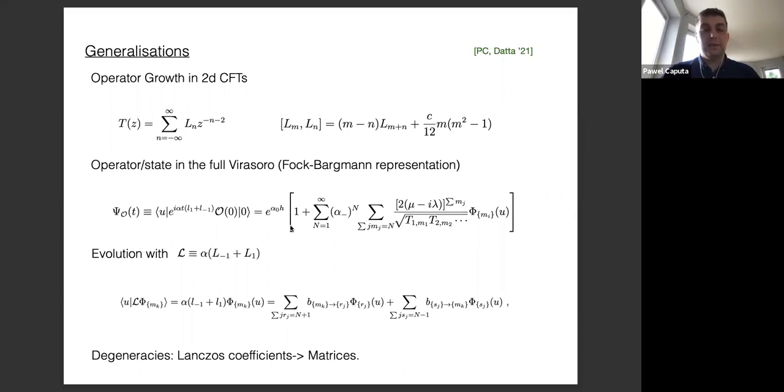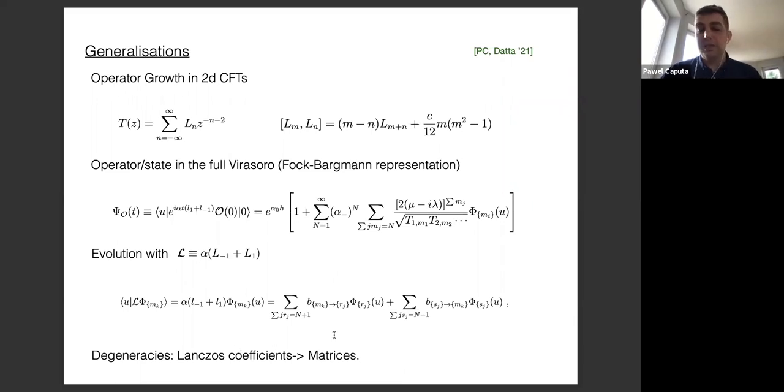What is nice is that we can again take this subalgebra of L1, L0 and L-1 of SL(2,R), which is actually the global part of the Virasoro, and we can expand this operator growth not in powers of L-1 as for SL(2,R), but in the full Virasoro geometry.